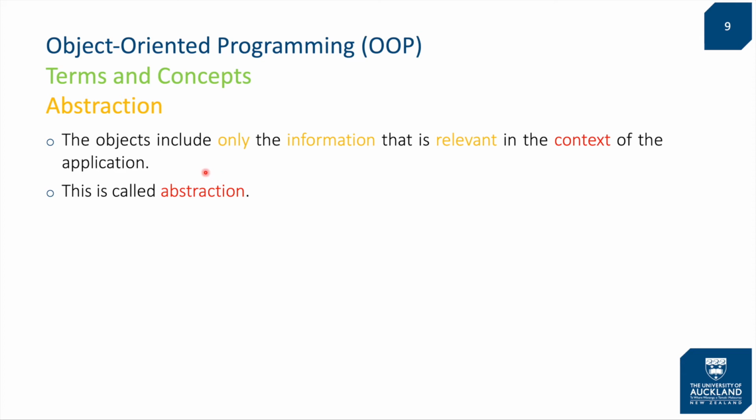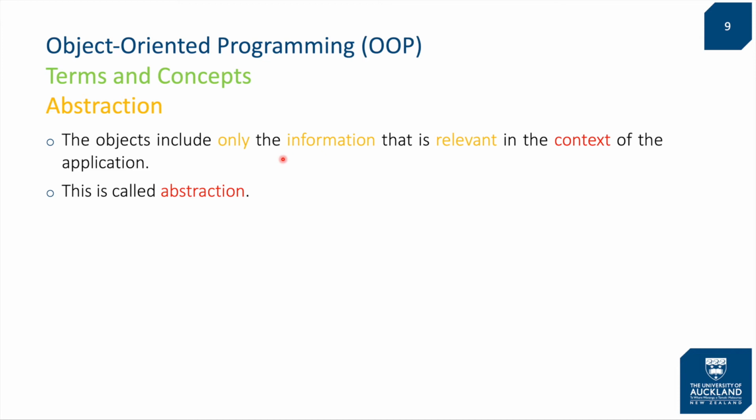Basically, what it tells is that objects only include the information that is relevant in the context of the application. When I want to purchase a computer, the size of the package is probably not a very important piece of information. But that same piece of information is very important for a shipping company.